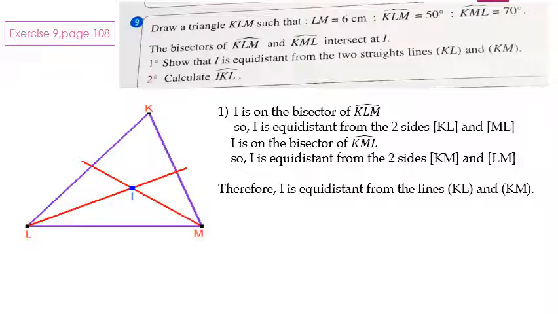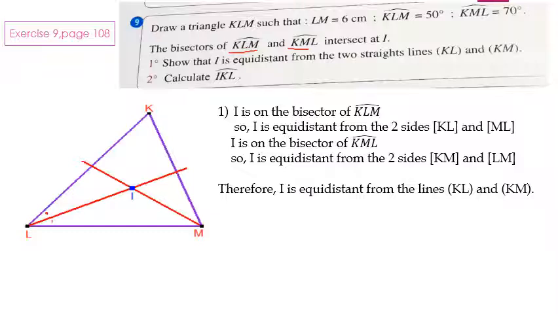Again, let's think clearly and try to understand it well. They told me that the bisectors of KLM and KML intersect at I. What do you mean by bisector? It means the two angles are equal, and any point on the bisector is equidistant.